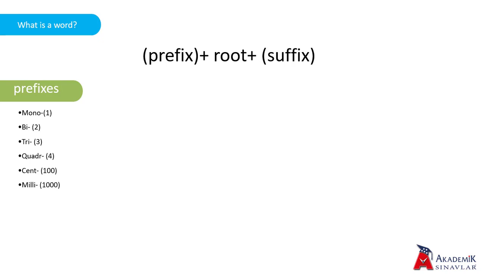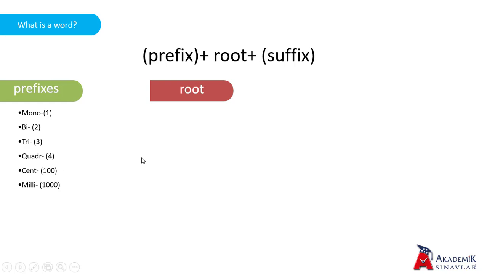Mono, which means one, bi means two, tri, three, quad, four, cent, like century, 100, milli means 1000.